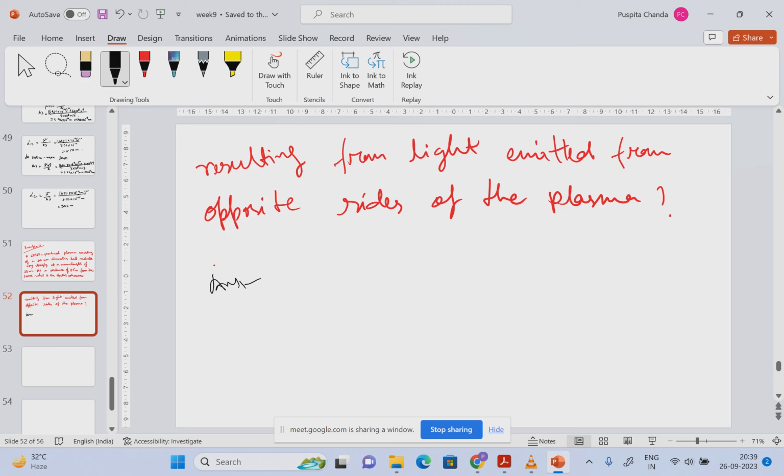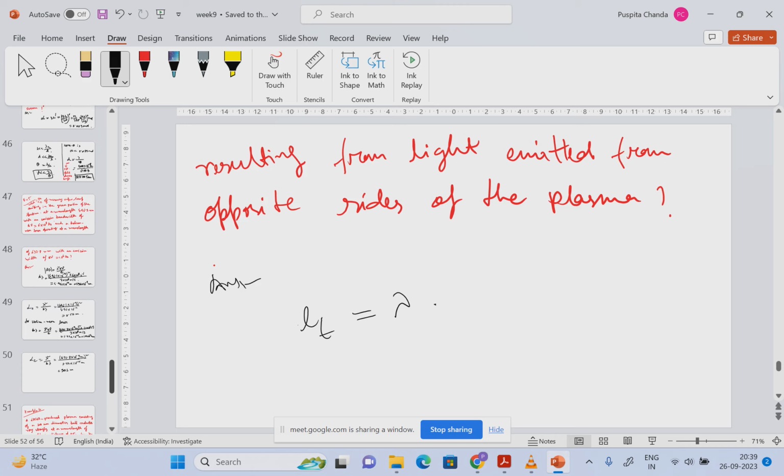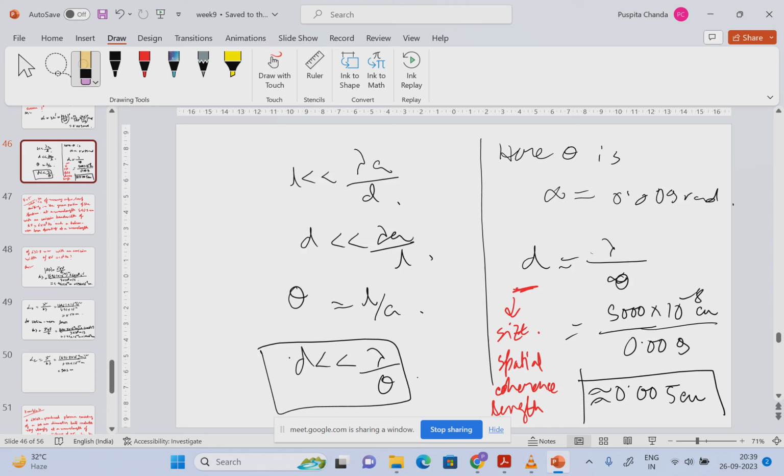So here it is L T is equal to lambda, sorry, not this. This is spatial coherence length.